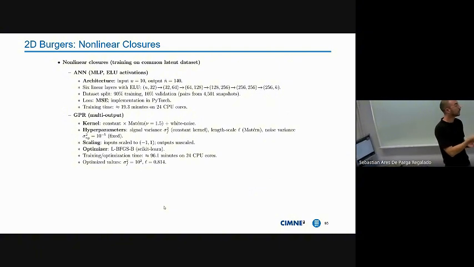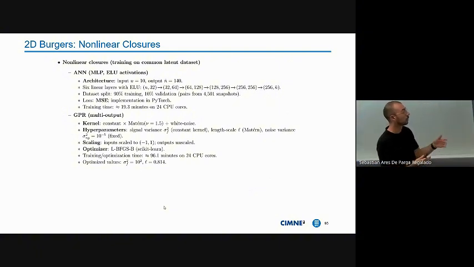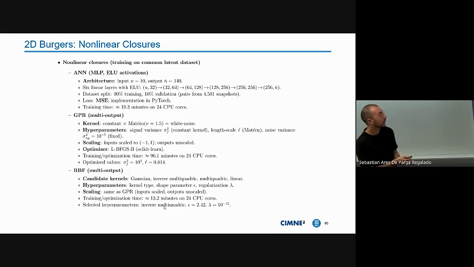So this training optimization time was taking a little bit more than the neural network, but this is case dependent and data dependent. And for the RBF, I will do a much simpler training. I will take 4 different candidate kernels, and I will do kind of a grid search and then optimize this in a brute force way, such that it is taking only 13 minutes.